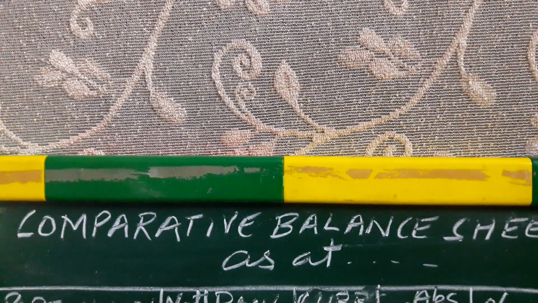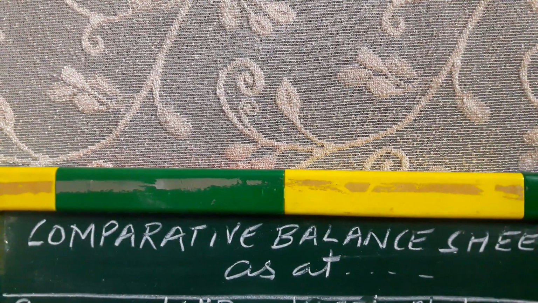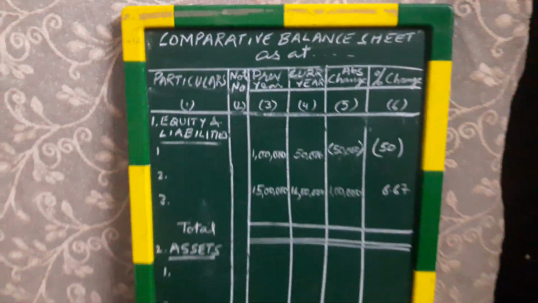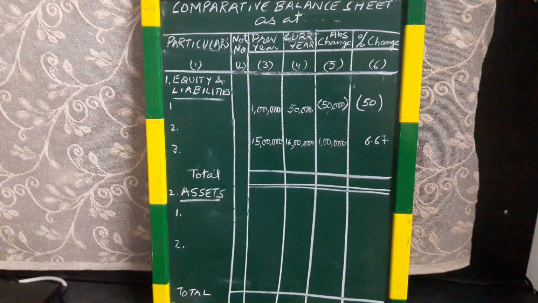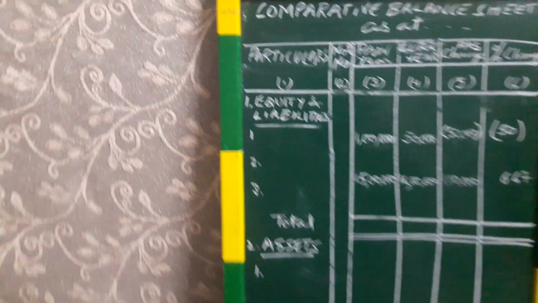Now, this is the balance sheet of a company, a joint stock company, and the balance sheet will now look different. It's not a T-shaped format, it's a new format you're looking at, and the balance sheet goes vertically.